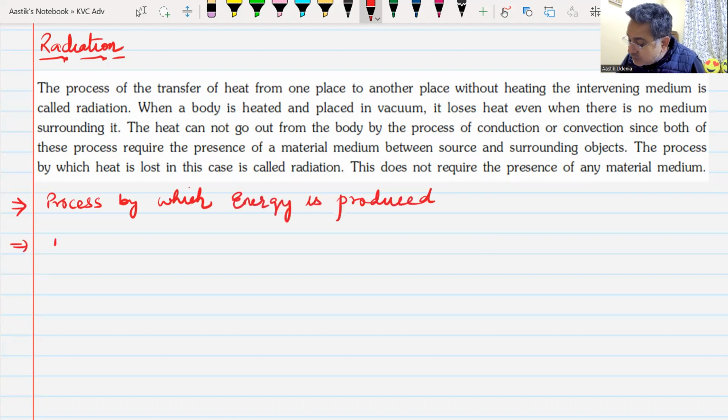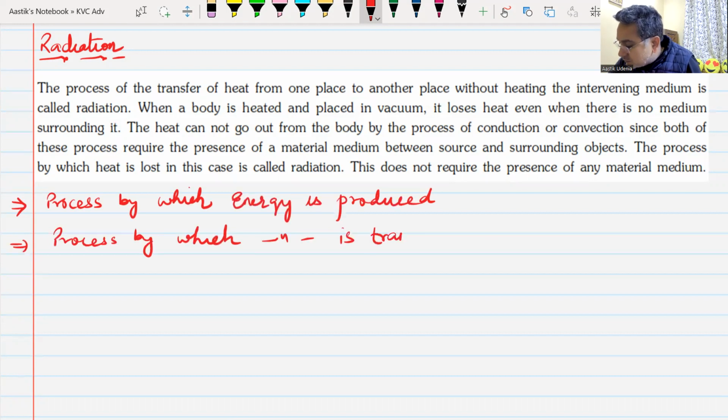Radiation also refers to the process by which this energy is transmitted, and radiation also refers to the energy itself.